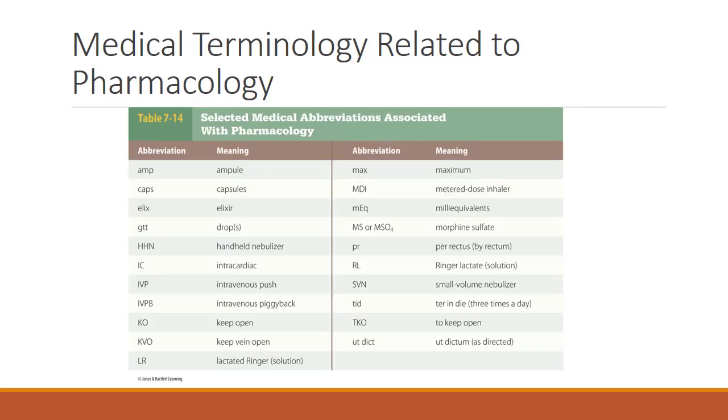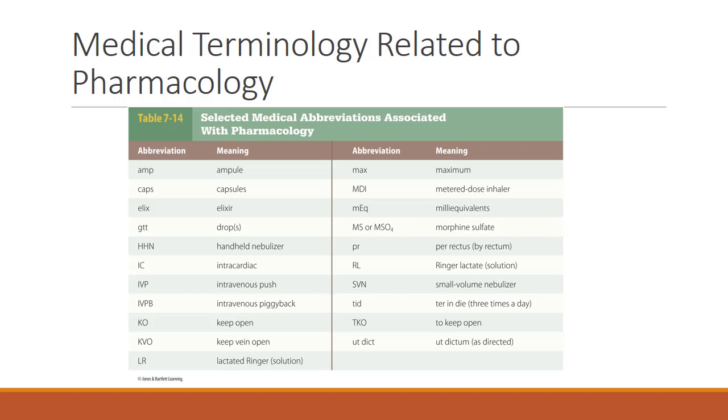So this table indicates, and I'm not going to go line by line through this, some medical abbreviations that are associated with pharmacology. You can see there it starts with AMP, which we sometimes refer to as ampule.